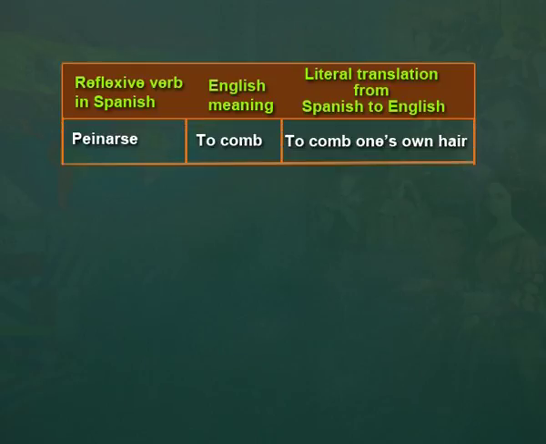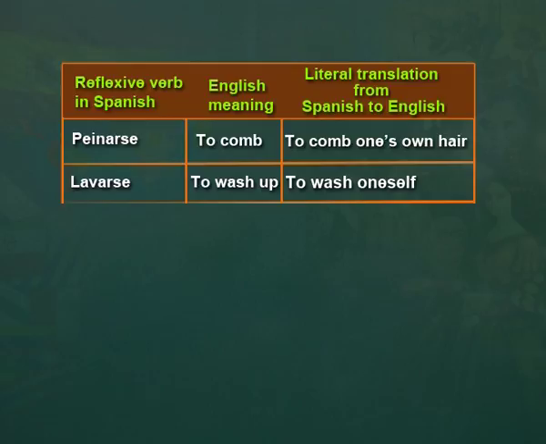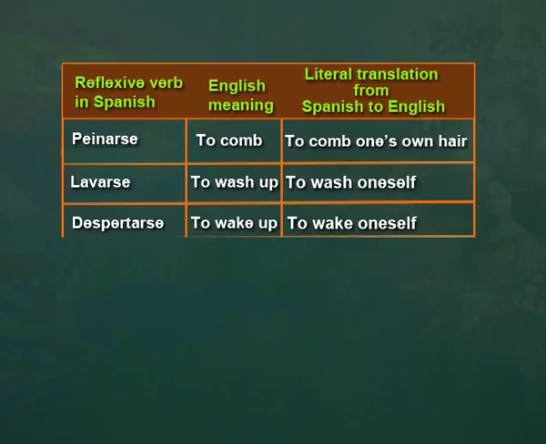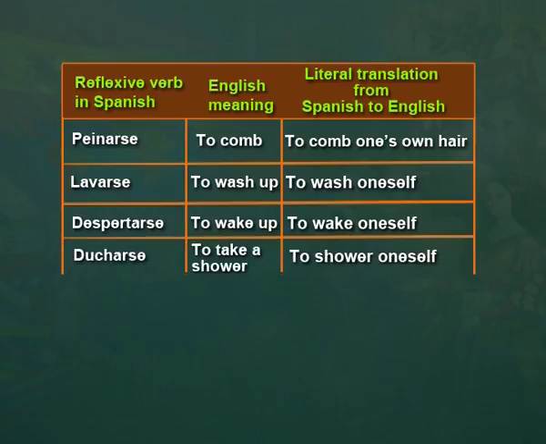Peinarse, to comb or to comb one's own hair. Lavarse is to wash or to wash oneself. Despertarse is to wake up or to wake oneself. Ducharse is to take a shower or to shower oneself.